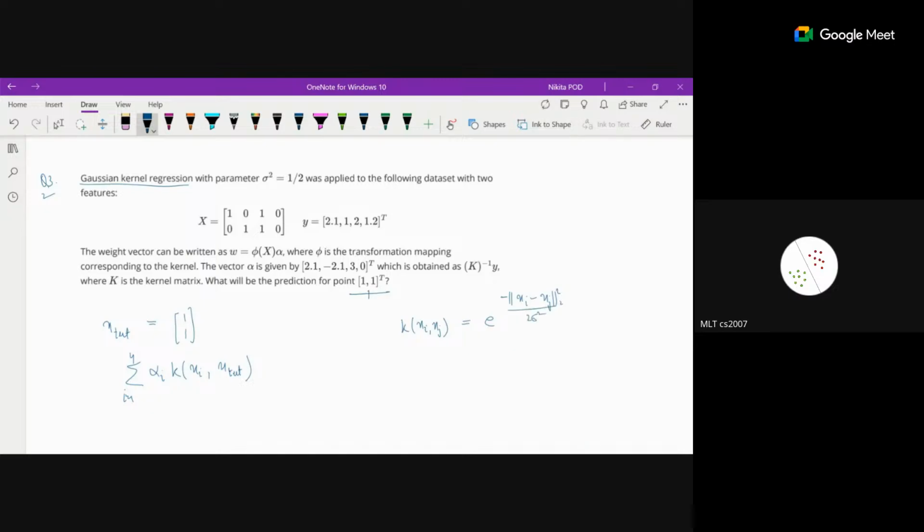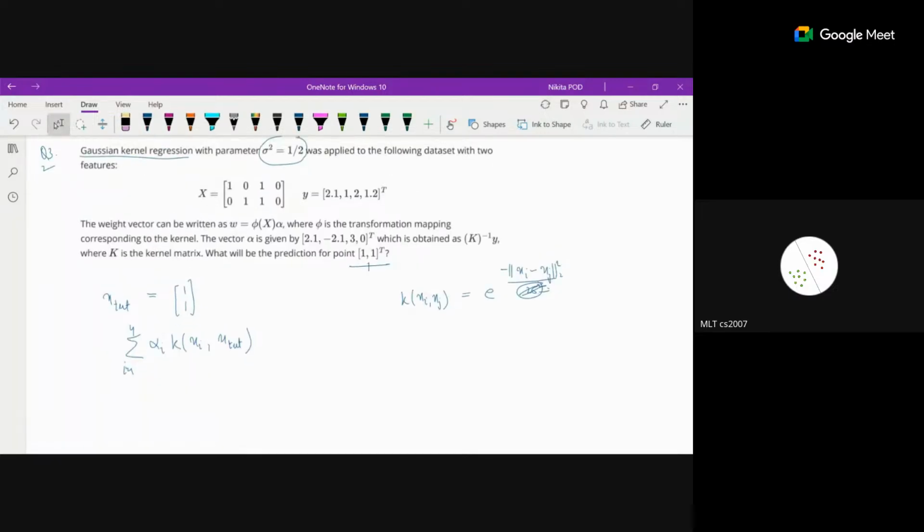Sigma square is given to you as 1 by 2. So this term goes to 1, and we can just remove this. Now you know what your x test is, and you know what your xi's are.